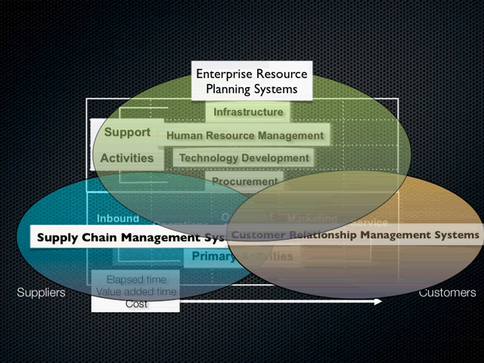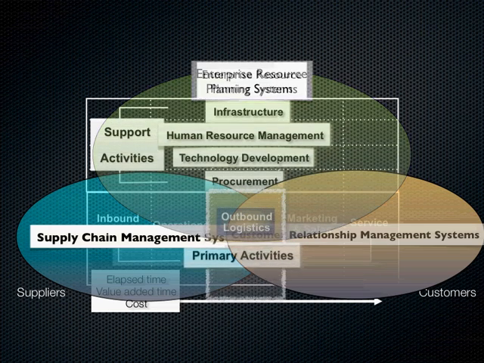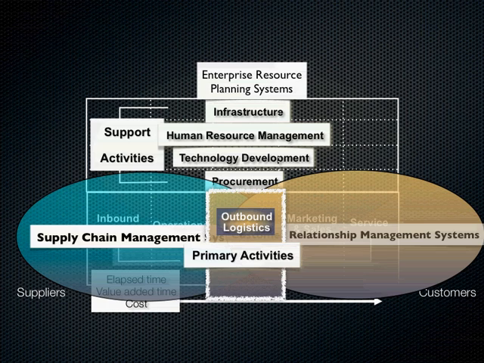And we see that the combination of ERP, supply chain, and customer relationship management systems, they all focus on outbound logistics, and it's outbound logistics that is the key component to understanding the value chain and the IT systems that support it.